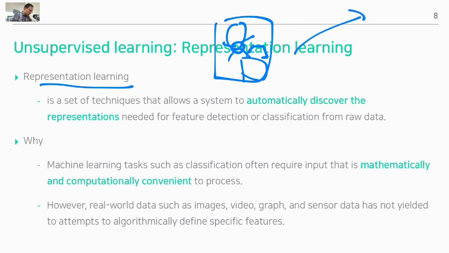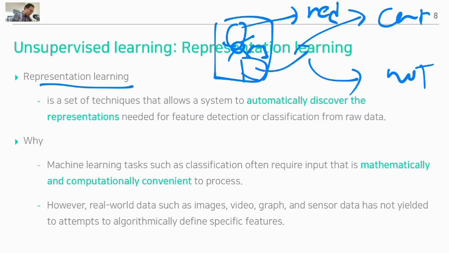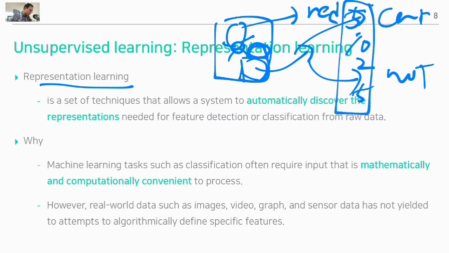To understand whether this is a cat or not, before we had representation learning, we needed to pick some important features, right? For example, we can count the number of red pixels, blue pixels, or the number of circles or squares, and we have the feature information 10, 2, 5, and then learn the classifier.